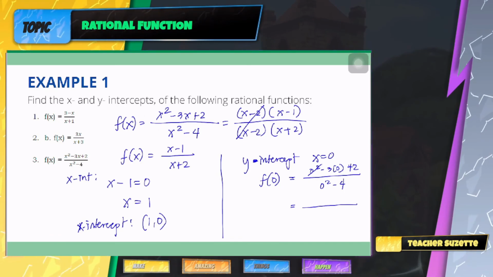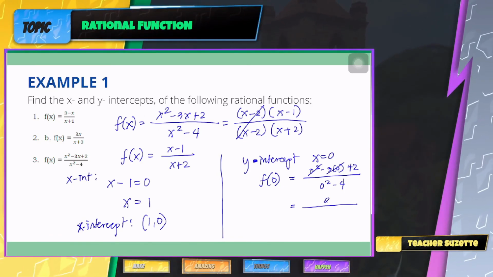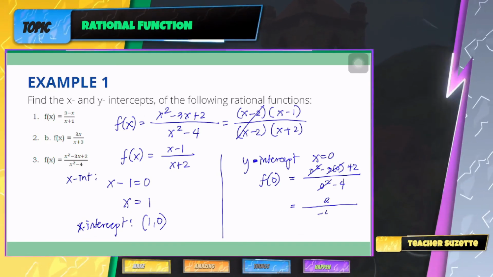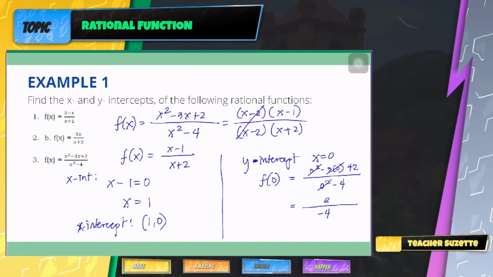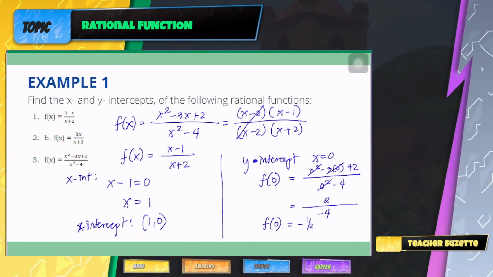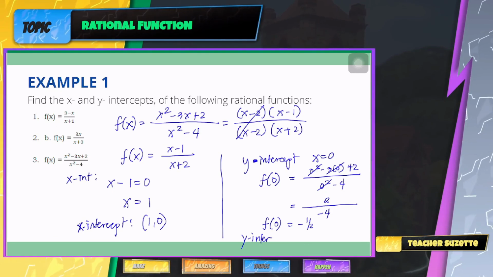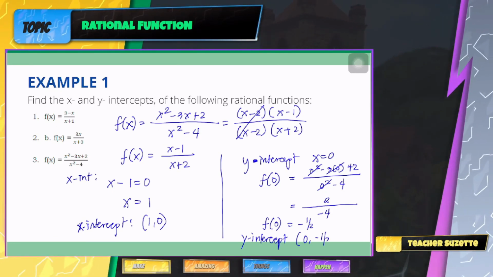Then, negative 3 times 0 is 0. So, you will have 2 na lang. Then, 0 squared is again 0. Then, you will have na lang po yung negative 4 sa denominator. So, when you simplify this one, that is f of 0 is equal to negative 1/2. So, therefore, your y-intercept is (0, -1/2).